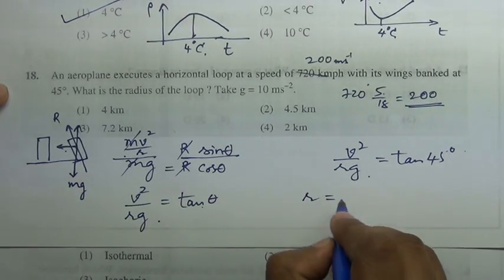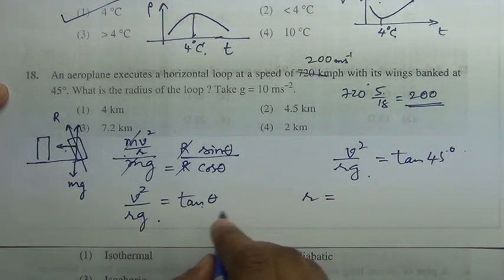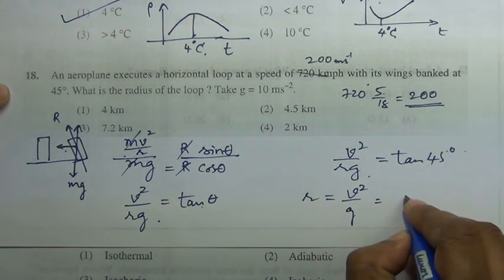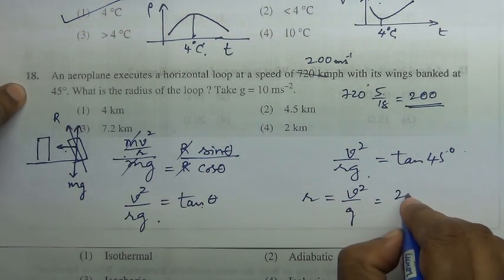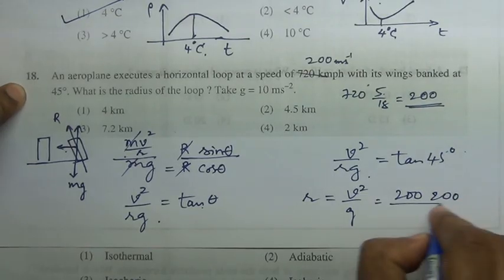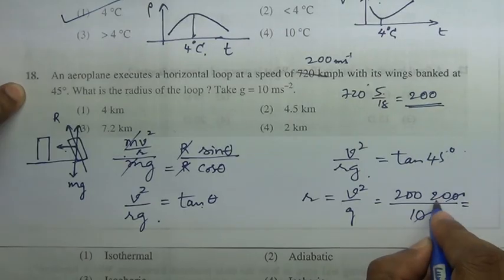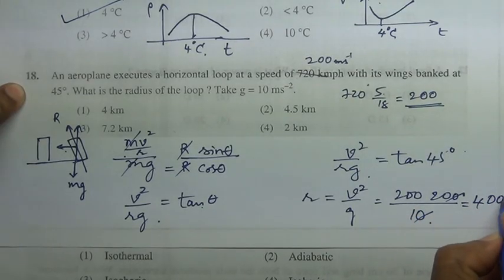Therefore the radius of the circular path is v square by g. V square is 200 squared by g. G is 10. So that should be 4,000 meter, which is 4 kilometer.